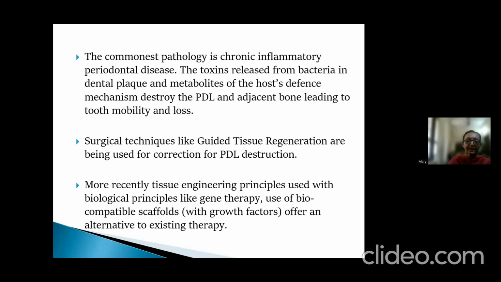Now several surgical techniques have been introduced, like guided tissue regeneration, for the correction of periodontal destruction, and regeneration of the periodontal ligament has been attempted by many.